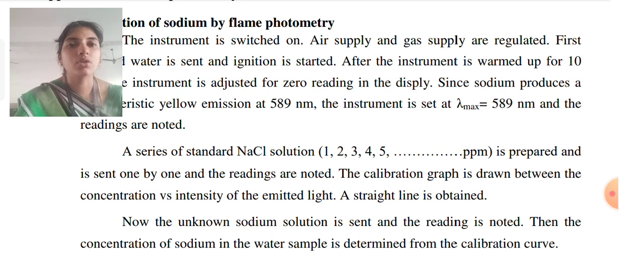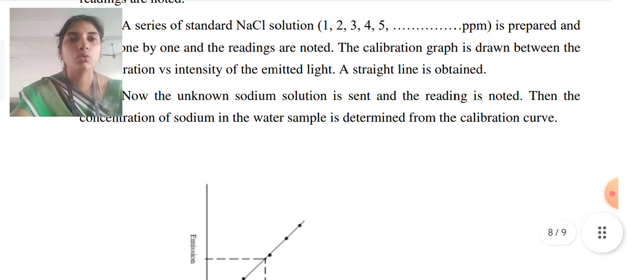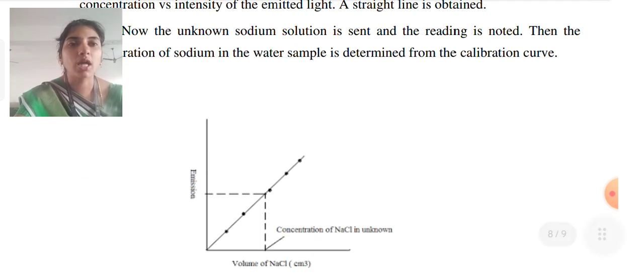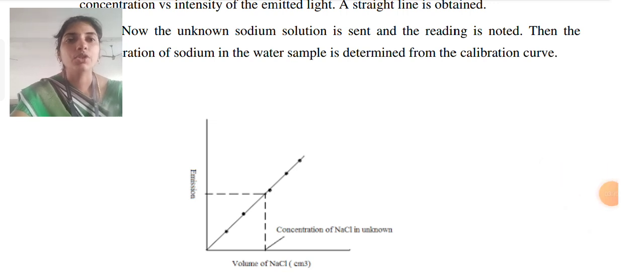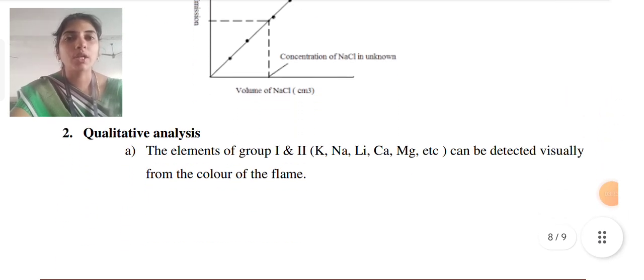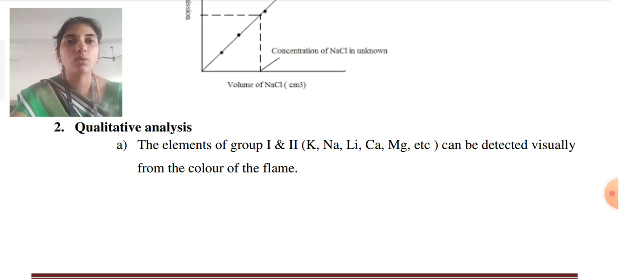Then the concentration of sodium in the water sample is determined from the calibration curve. So the calibration shows the concentration of sodium chloride versus emission, and the unknown sample's concentration of sodium chloride.